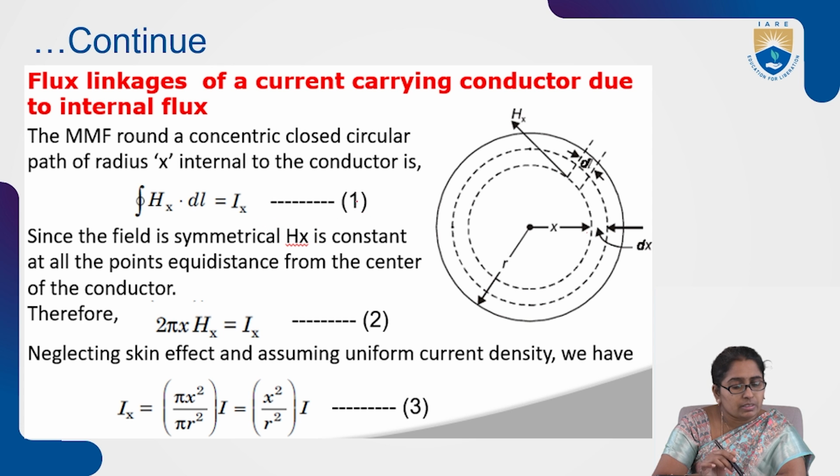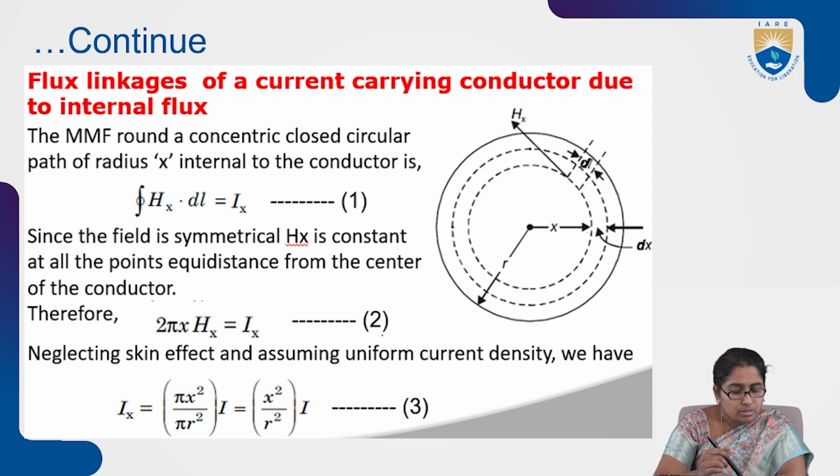Say that is equation 1, this is the MMF. Now this field is symmetrical, so Hx is constant at all points from the center of the conductor. Therefore 2 pi x into Hx is equal to Ix. Because it is symmetrical, this is how the first equation is written, and say this is equation 2.